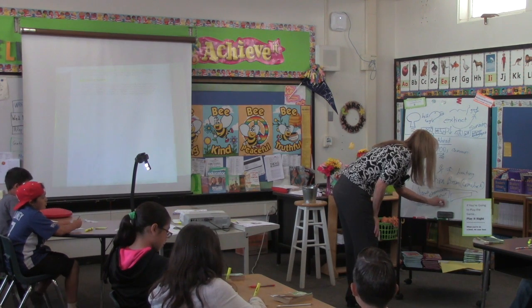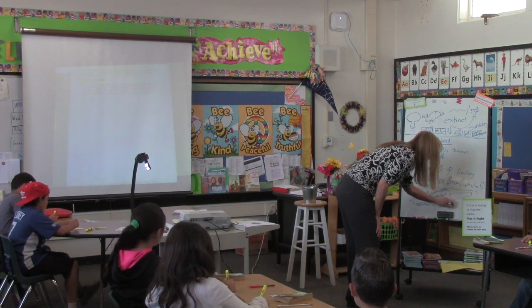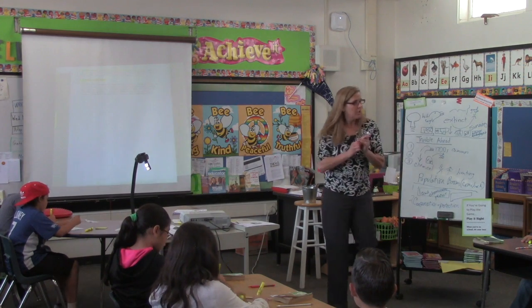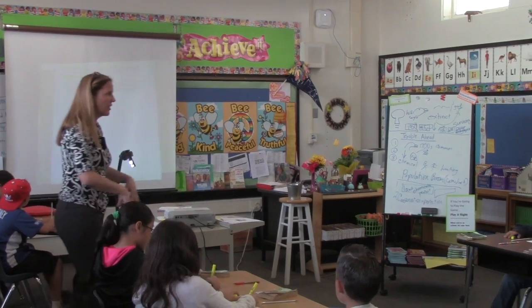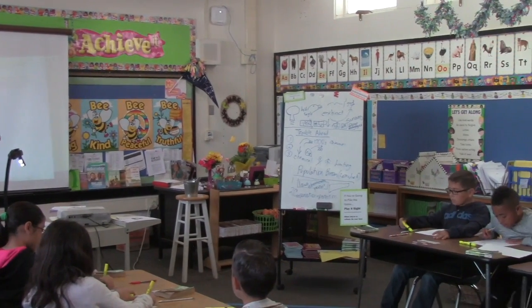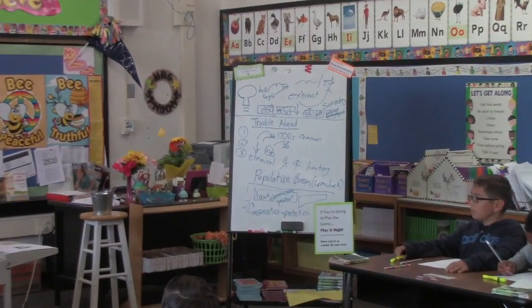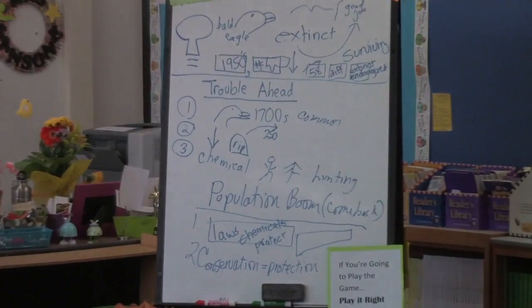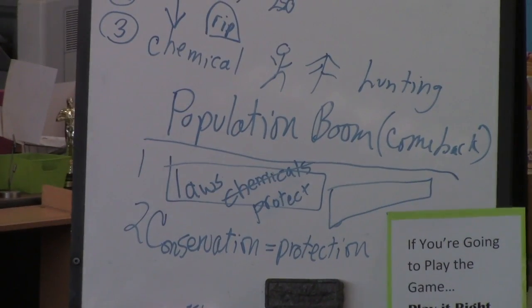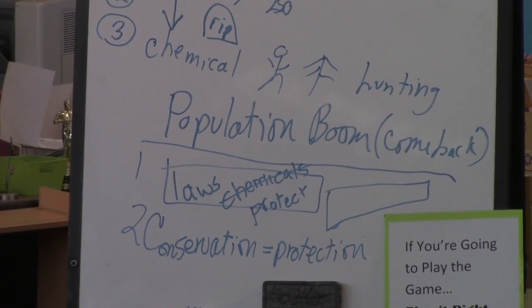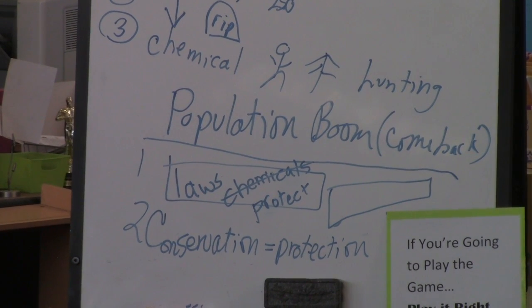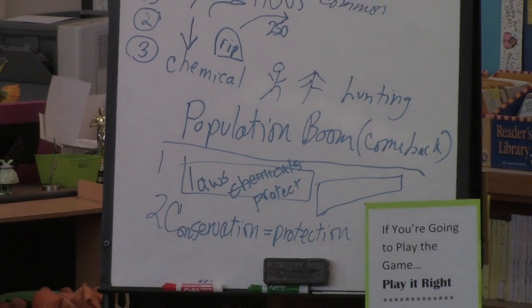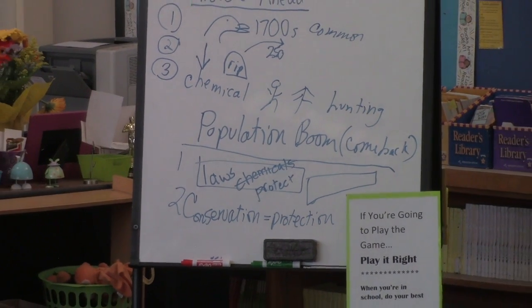So if you're having conservation, what are you protecting? Things that there's a lot of or things that there's not much of? Things that there's not very many of. Okay, so let's do it. Ready, guys? Go. Conservation or protection efforts have helped their survival. Is that telling me how they ended up surviving? Yes, because of the conservation and the law.